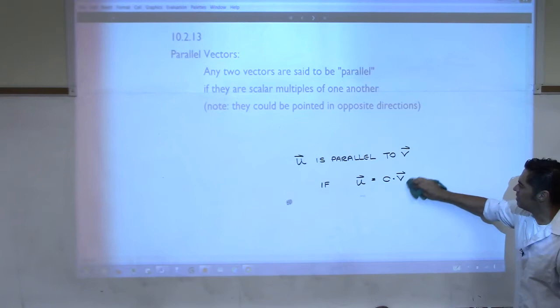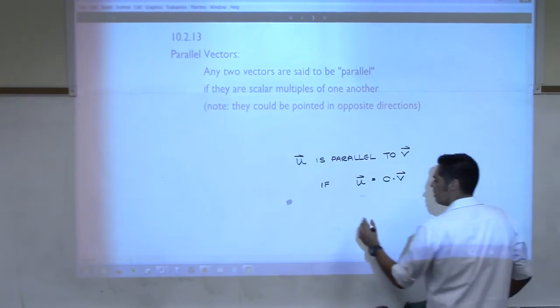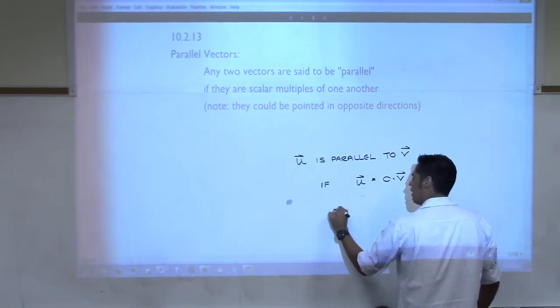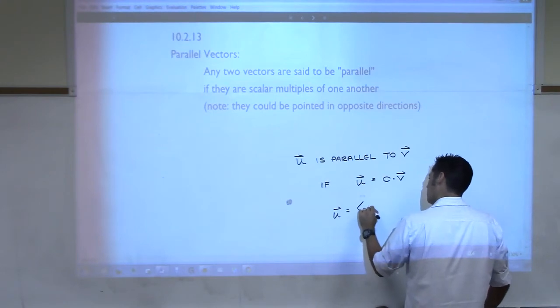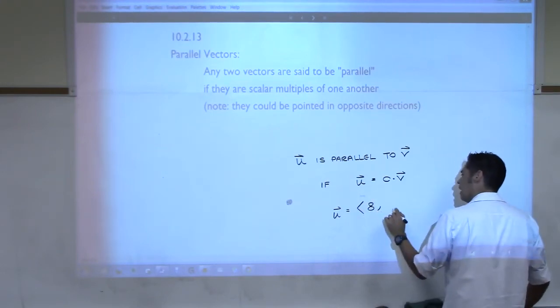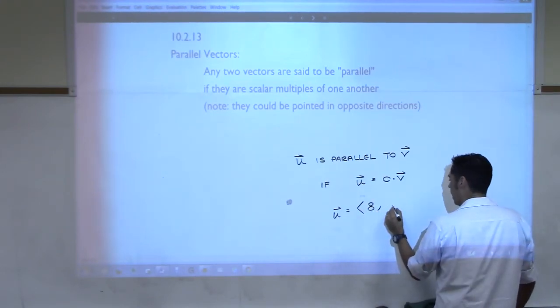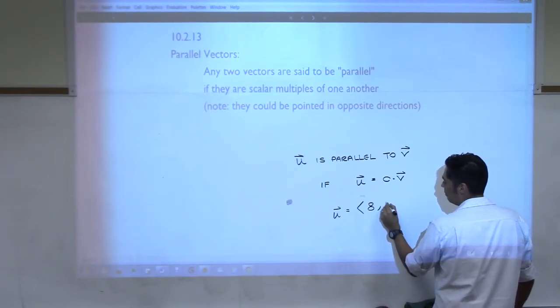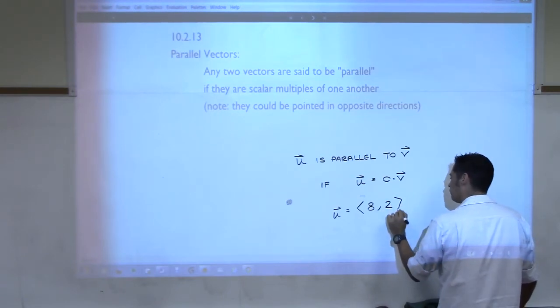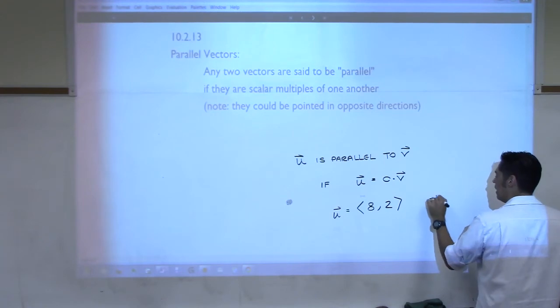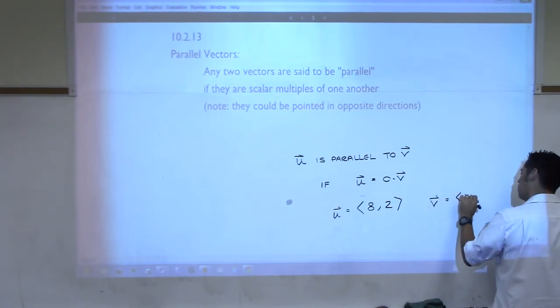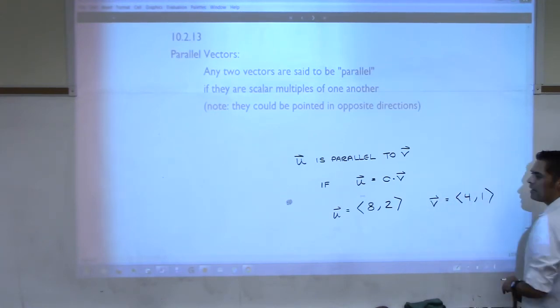So let me give you an example. Let's say U is 8, 2, we'll make this really, really simple, and V is 4, 1. Are these vectors parallel?